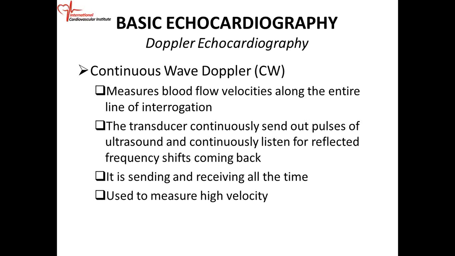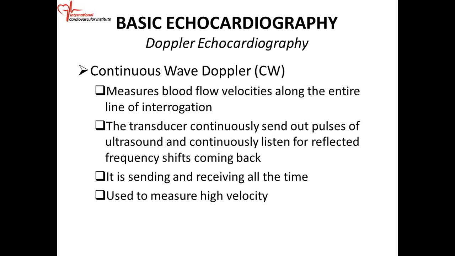So continuous wave Doppler measures blood flow velocity along the entire line of interrogation, not just at a single point. The transducer is continuously sending out pulses of ultrasound and continuously listening for the reflected frequency shift coming back.